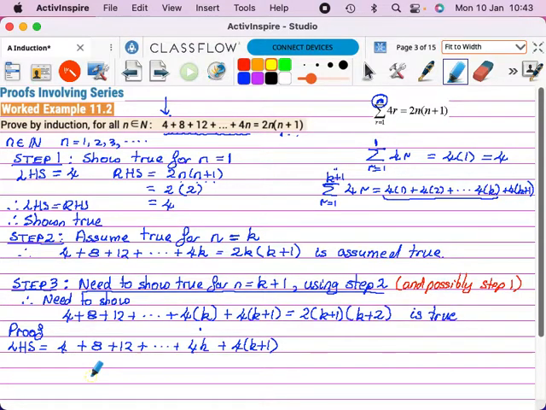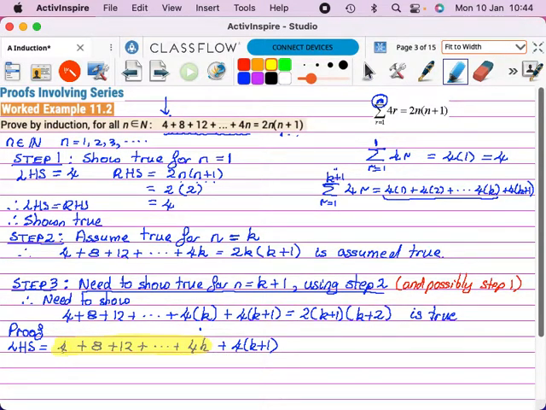Right, so we've got the left-hand side is equal to 4 plus 8 plus 12 plus so on, and now we have to go back and read the statement from step 3. We're going to be using step 2 in order to prove it. So when we're using step 2, we have to use the information that we've assumed true in step 2. Did everyone spot that this part here is in actual fact, quite simply, step 2?